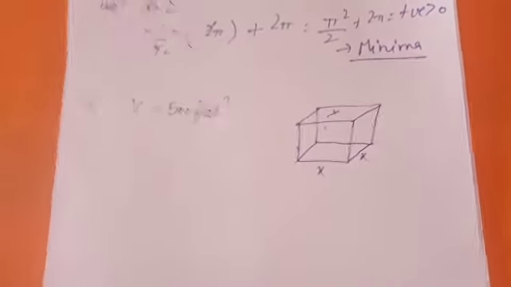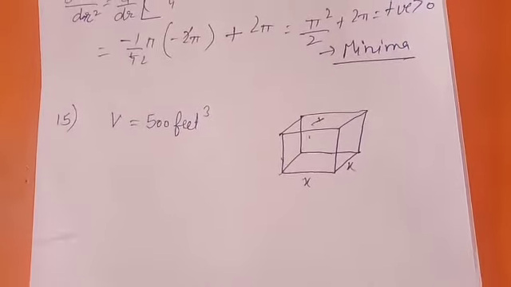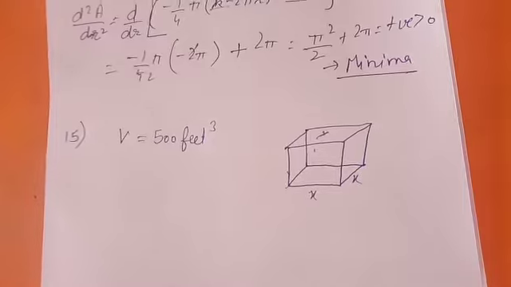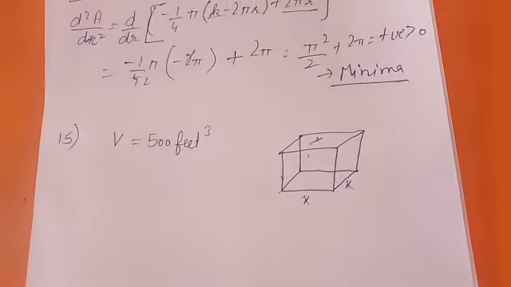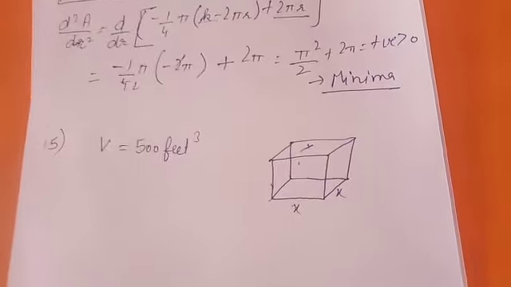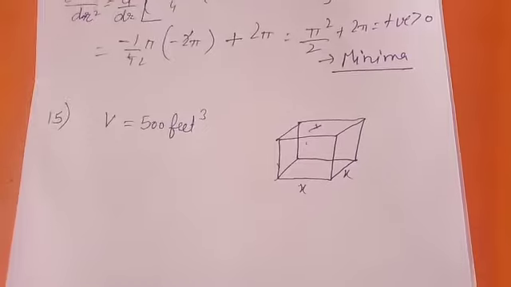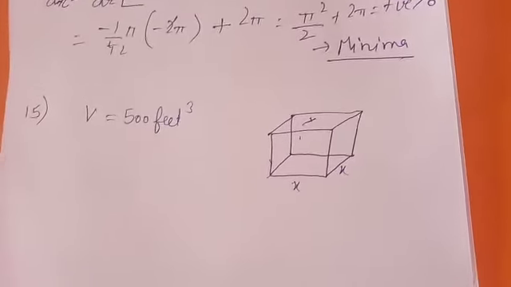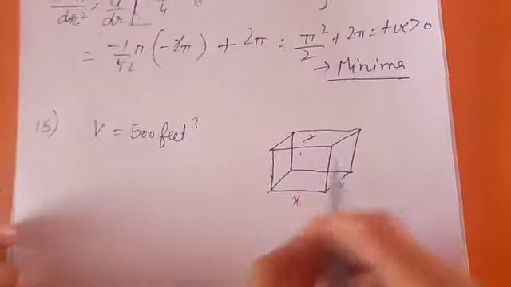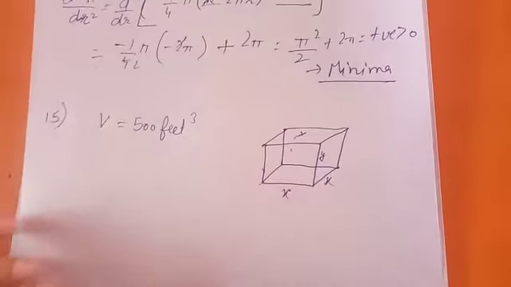Okay, means you have to find first of all its dimensions, so that its volume is 500 feet cube, and then find its surface area, because lining can be done on its surface.